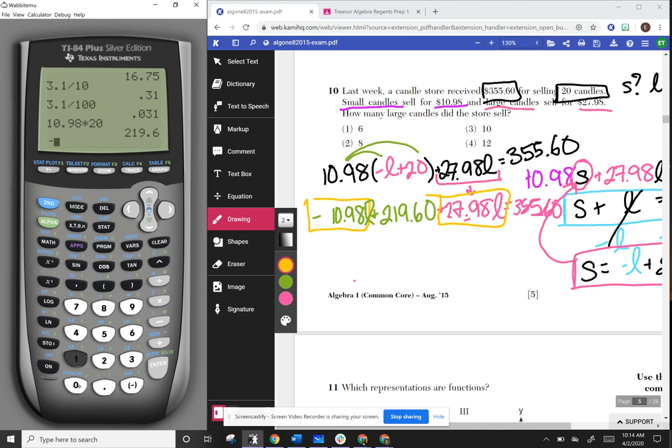So we would do negative 1098 plus 2798. We get 17. So we get 17L plus 219.60 equals 355.60.